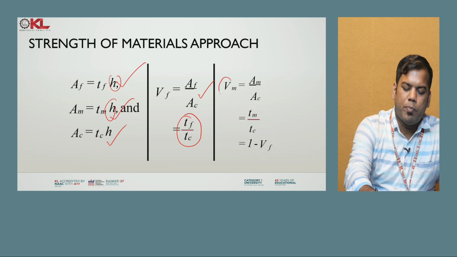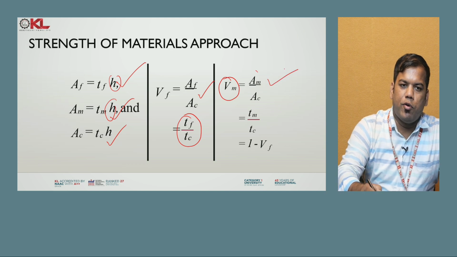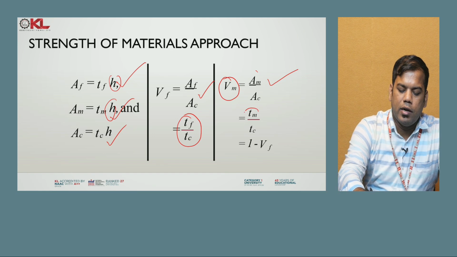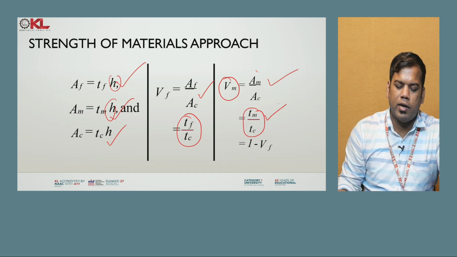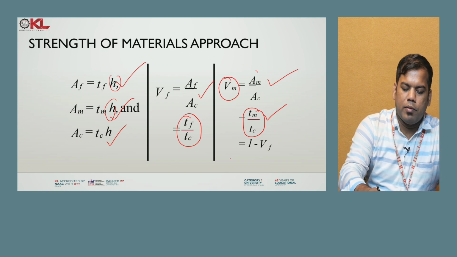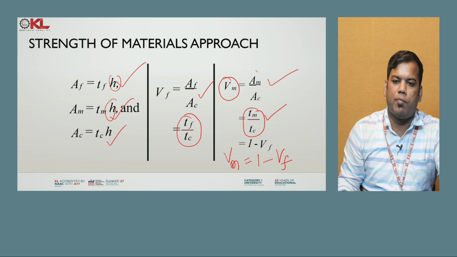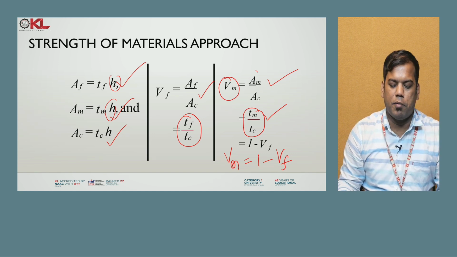Similarly, the volume fraction of the matrix will be Am by Ac. Putting in the values of Am and Ac, it will be Tm by Tc. It can be noted here that the volume fraction of the matrix Vm will be equal to 1 minus Vf, where Vf is the volume fraction of the fiber.